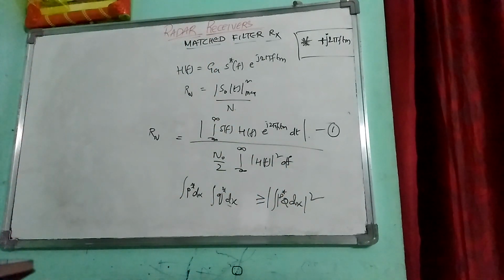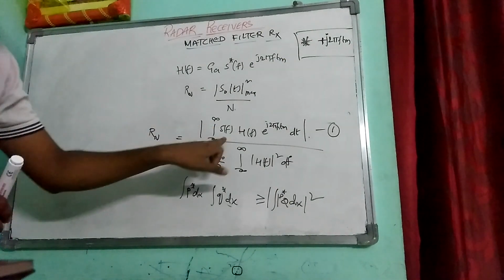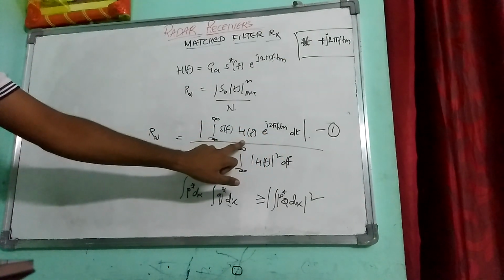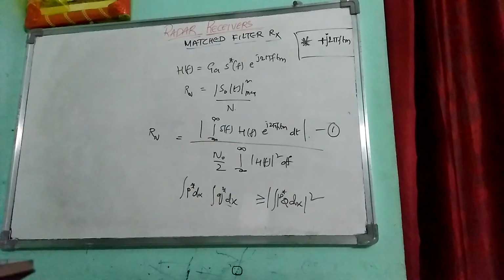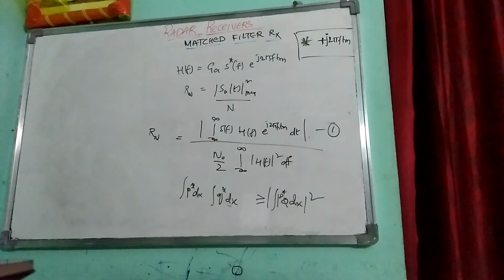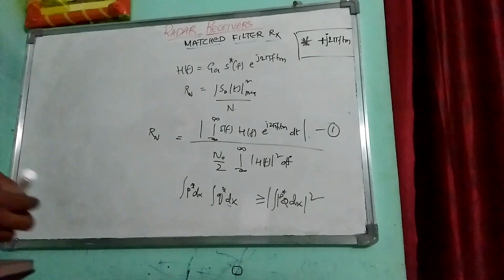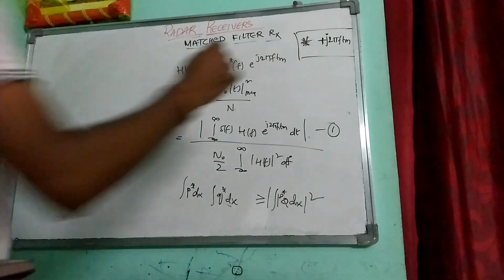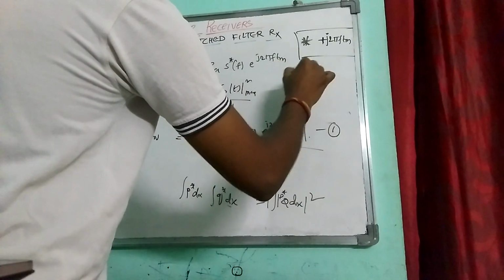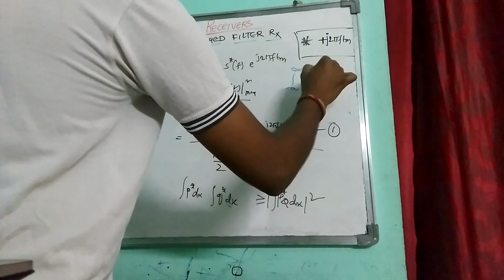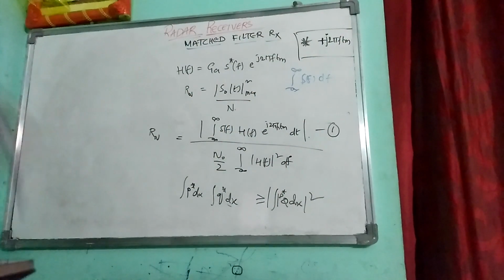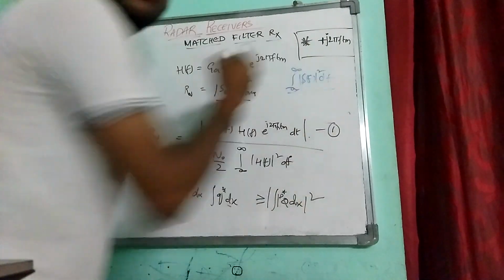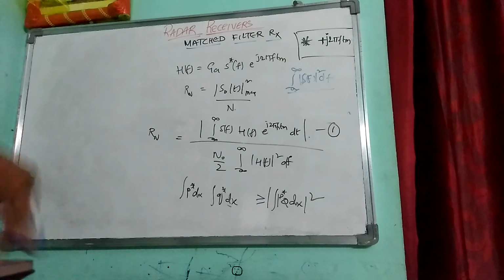Let us say P star is S of f e power minus j 2 pi f t and Q star is H of f. Then after splitting, the H of f parts will be cancelled, and what we get is the single part, the integral from minus infinity to infinity of mod S of f whole square df, divided by N naught by 2.